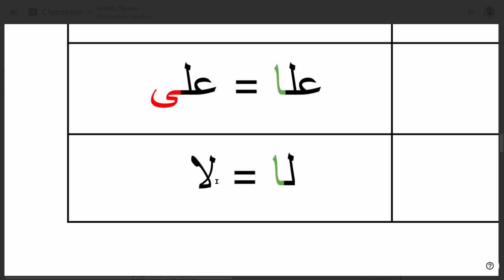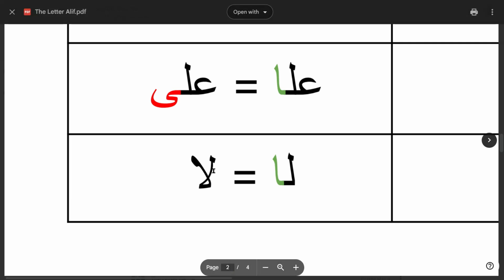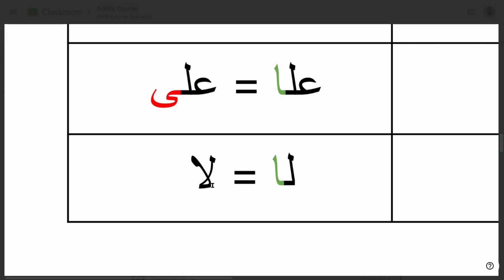And we also have the word la, which means no, or it means a negation. We would think it means this is the L and this is the alif. We would think it should look like this. The Arab was like, nope, don't like the way it looks. We're actually going to make it go like this. So the computer didn't let me put the color, but the alif is this second line right here. This is the L. The alif is supposed to look like this, but the Arab was like, no, we're going to make it look like this.